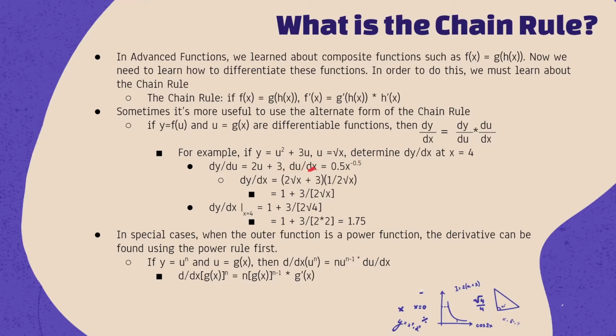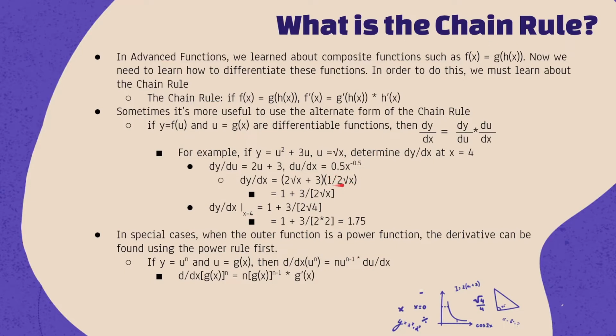Now combining these two in the format that we have here, we actually get the product of 2u plus 3 times 0.5x to the power of negative 0.5. I've immediately plugged in the value of u into our derivative of y, and so we get 2 times the square root of x, because u is the square root of x, plus 3, and then over here I just rewrote what the derivative of u is.